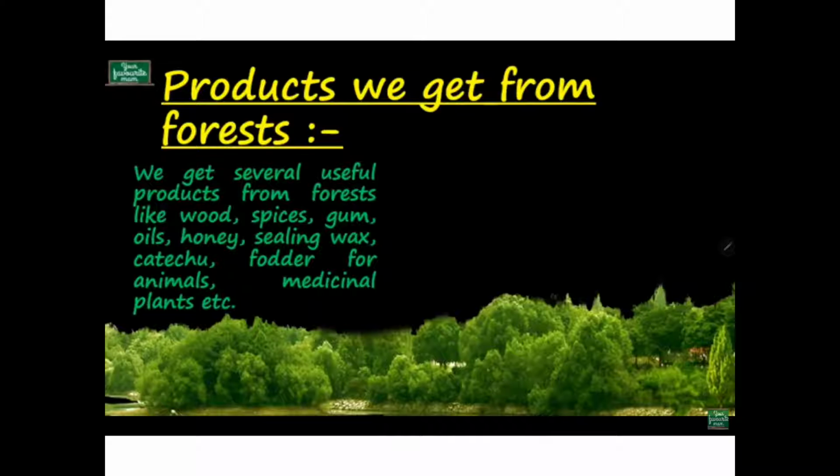We get several useful products from forests, like wood, spices, gum, oils, honey, sealing wax, cashews, fodder for animals, and medicinal plants. We get a lot of things from these forests, so we should save our forests.